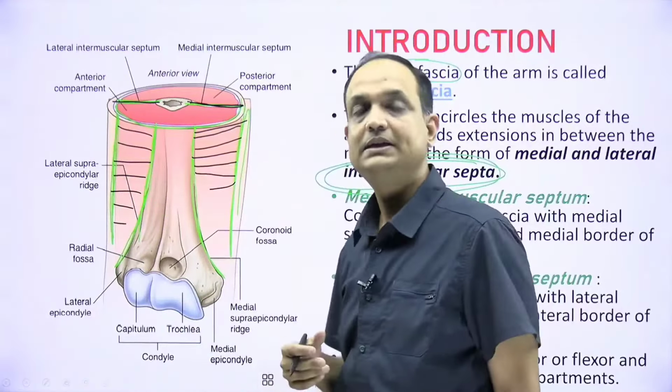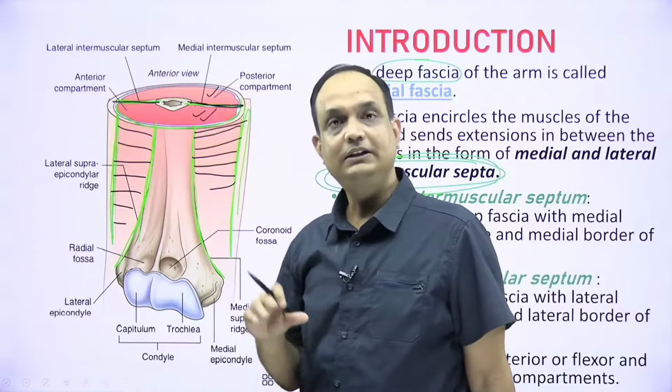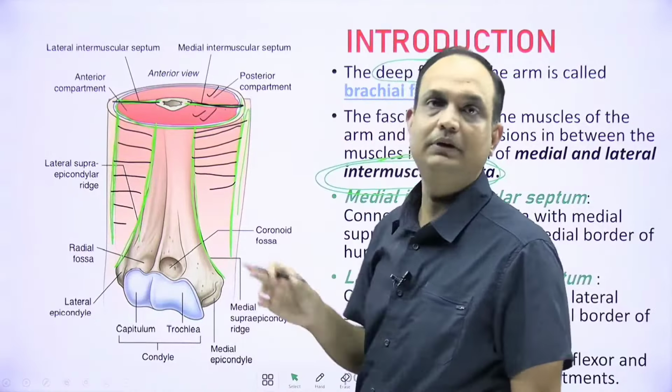That means you have muscle on both sides, which is why it is known as intermuscular septa. In this way, you can understand that the arm is divided into two compartments, anterior and posterior.